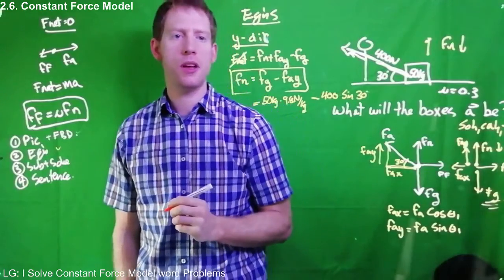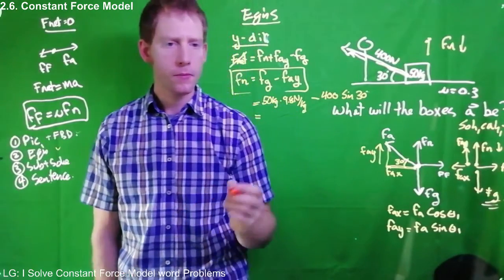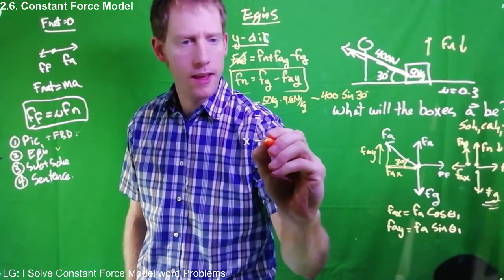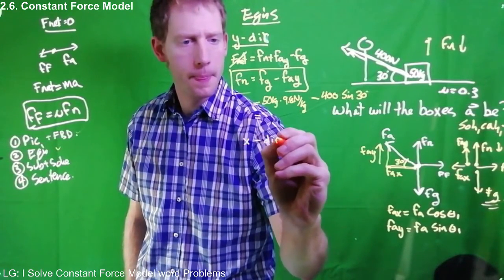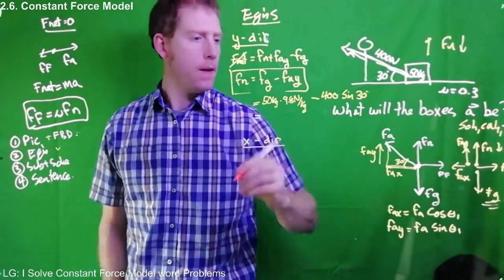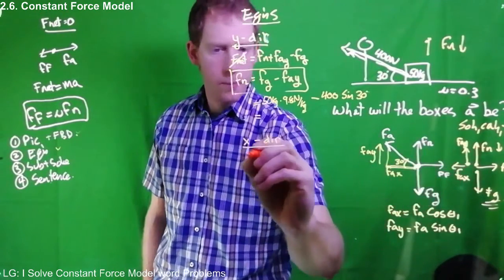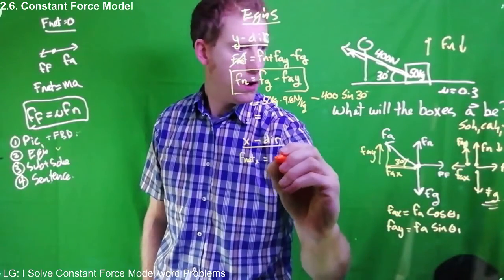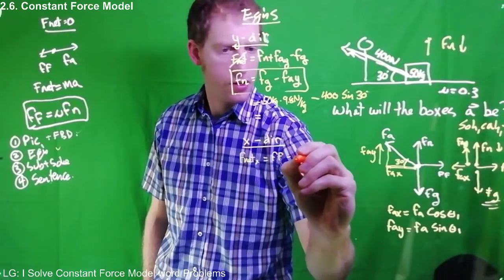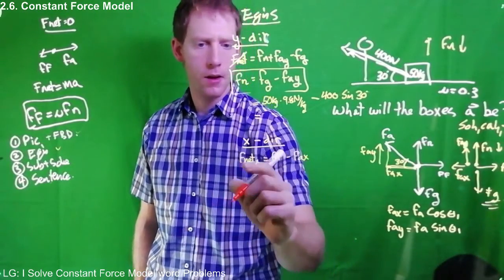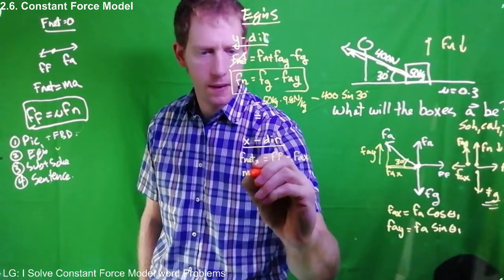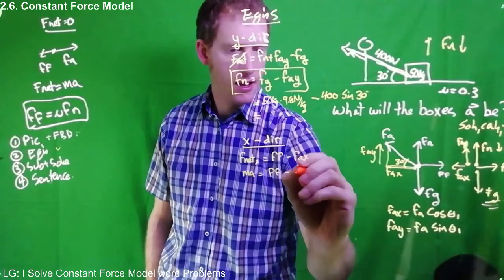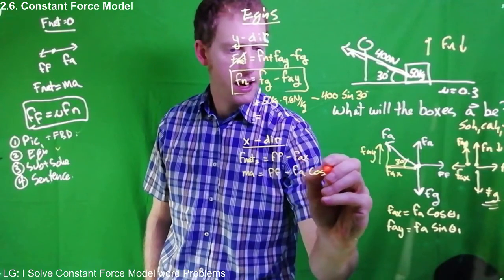Terry, can you put this into the calculator? What do we get? When you're calculating that, we can also think of the x direction. F net x is equal to the force of friction minus FAX. This is the same as mass times acceleration. FAX is the force applied times cosine theta.